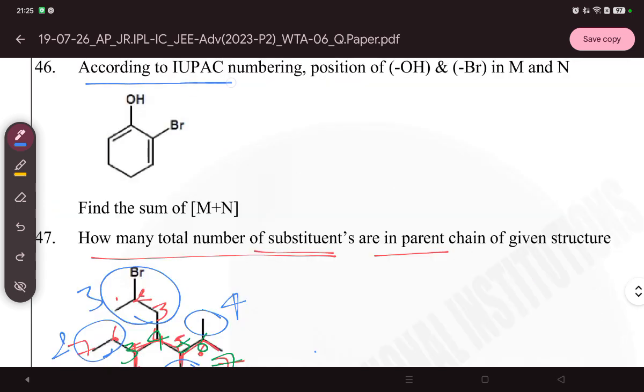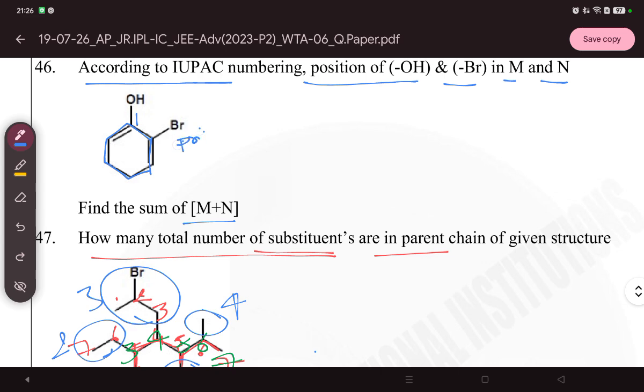According to IUPAC numbering, position of OH and Br is M and N. Then the sum of M plus N is, for selecting the root word, here cyclo is the root word, and to the cyclic ring it is a functional group and it is a prefix.